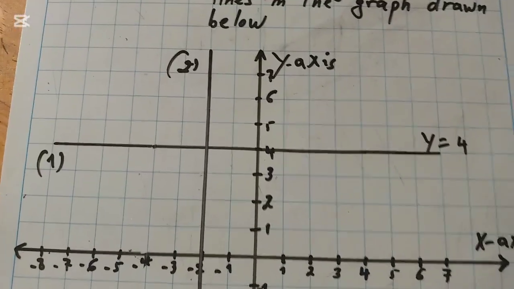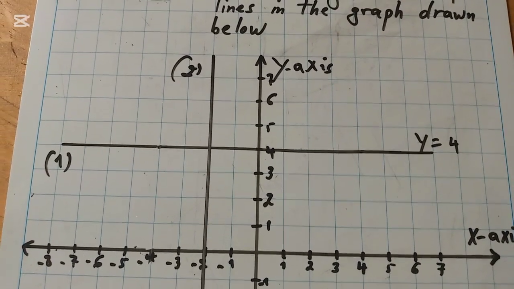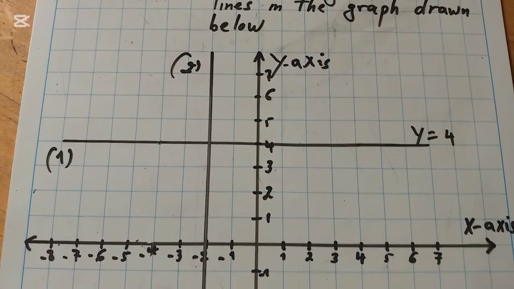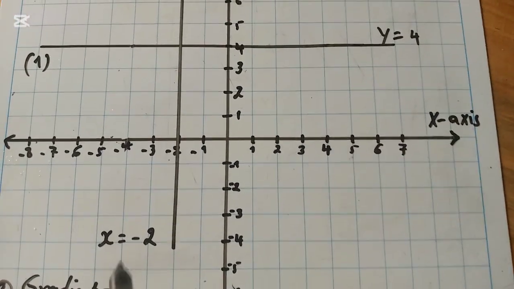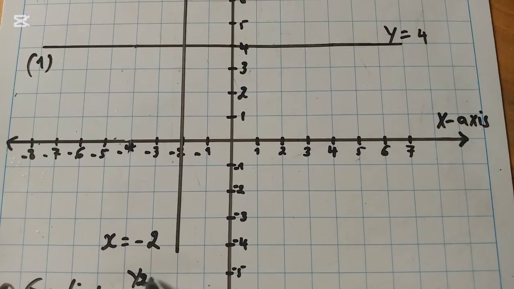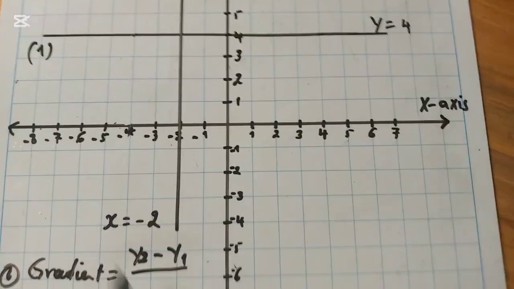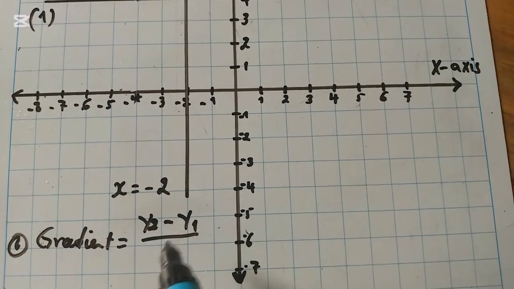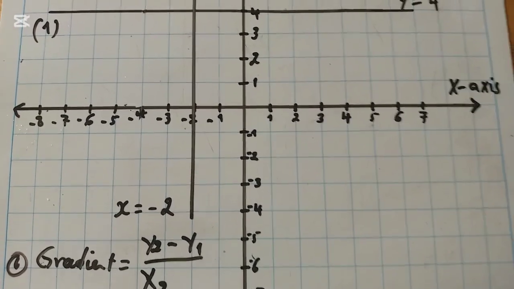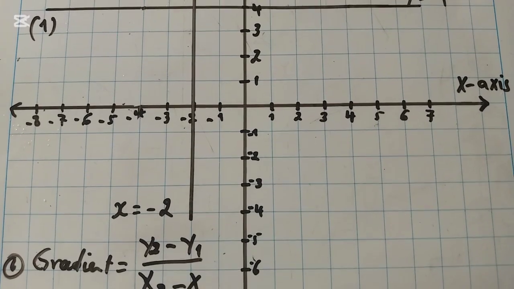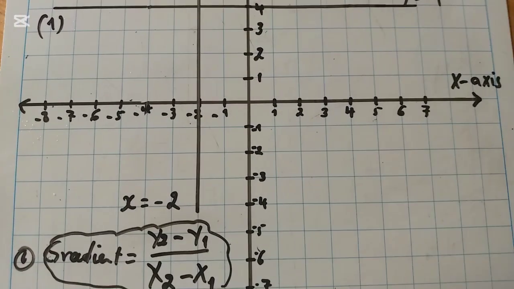For line number 1, you remember that gradient is equal to the change in y coordinates divided by the change in x coordinates. This is the general formula for gradient.